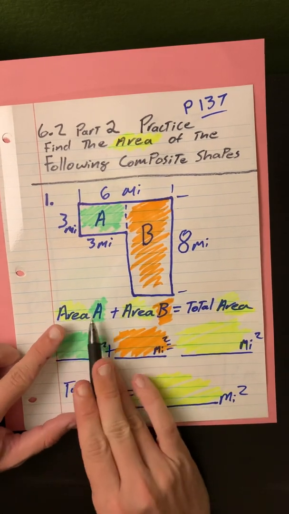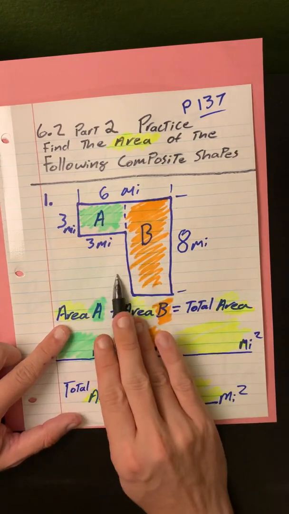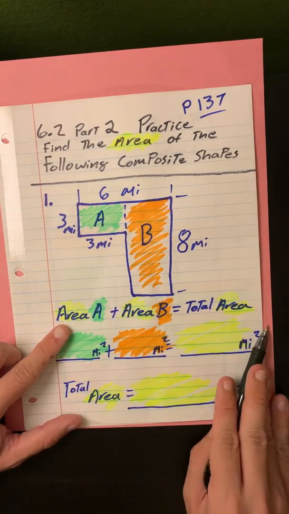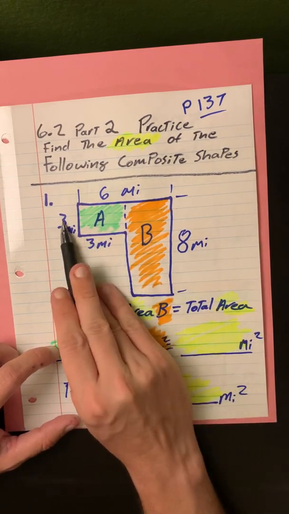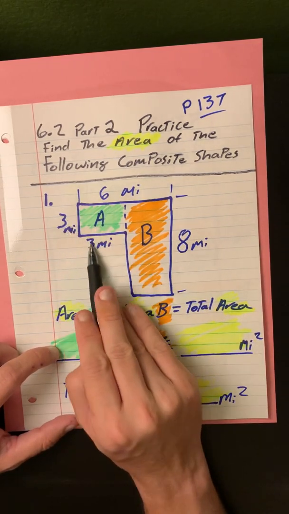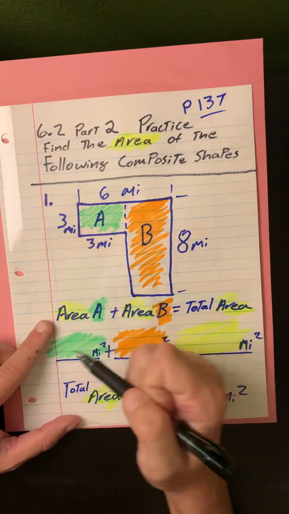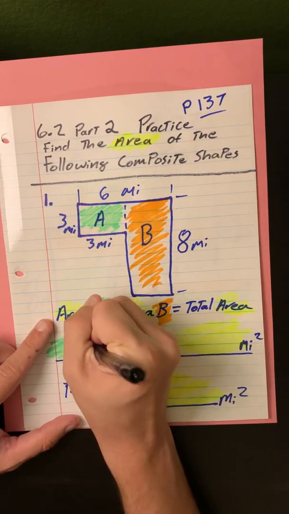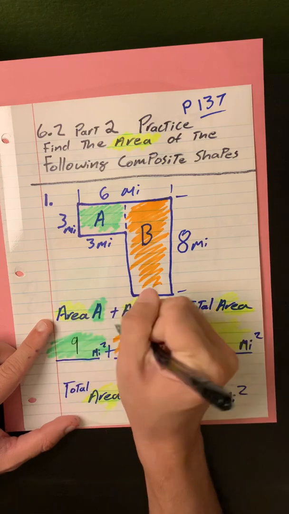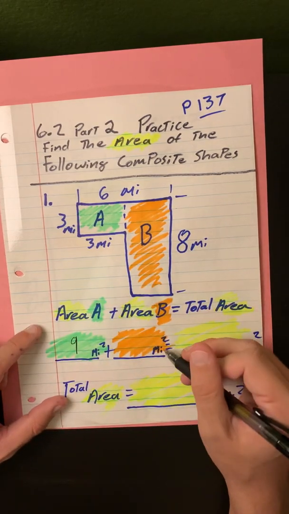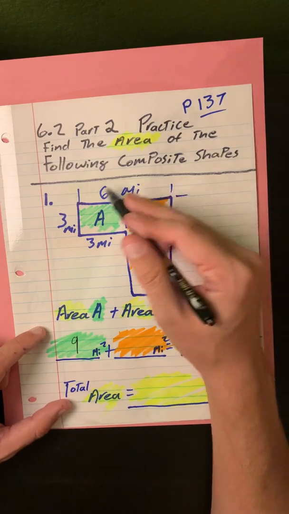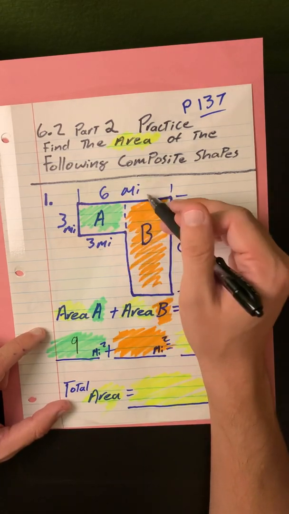But what I'm doing is I know that area of A plus area of B will equal my total area. A is the square of 3 times 3, length times width. 3 times 3 is 9. So the area of A is 9 square miles. B will be 8 times 6 minus 3, 3.